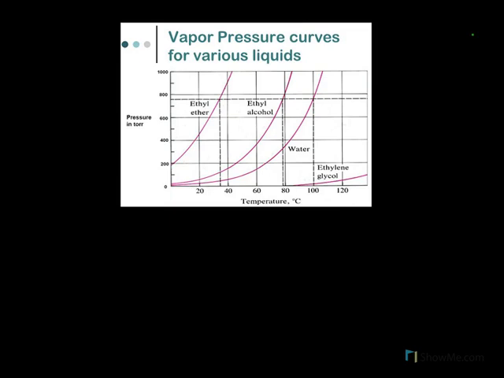Looking at this graph, let's take, for example, 20 degrees, which is right here, and the vapor pressure is on the y-axis. At 20 degrees, we have water, which has a very low vapor pressure, but let's say we can estimate a vapor pressure of 30 torr.